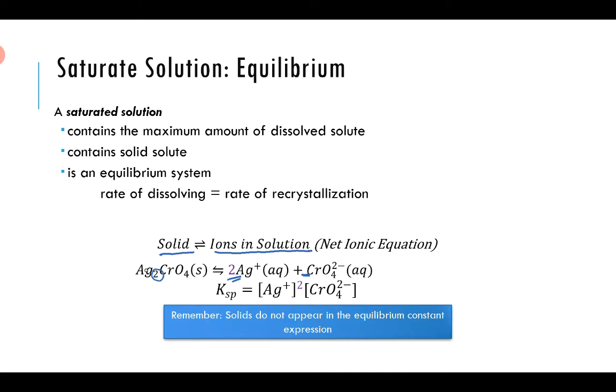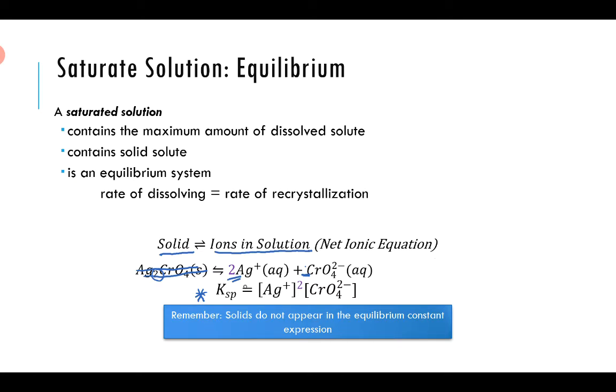And solids don't appear in the equilibrium expression, so we can just cross that out, and then we'll have our products. And so we have our chromate raised to the first power times our silver ion concentration squared. And so this is what we call our KSP value.